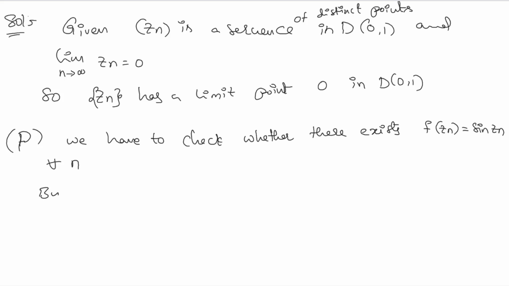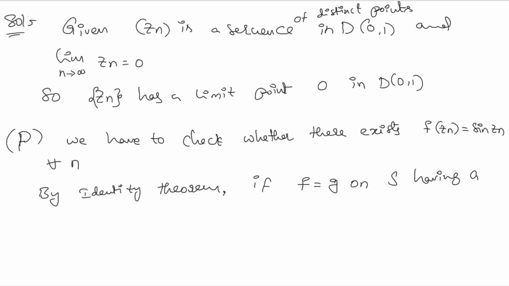By the identity theorem, if f equals g on a set S having a limit point in D, then f equals g on the whole domain D.